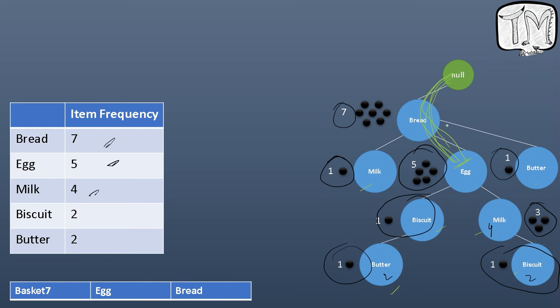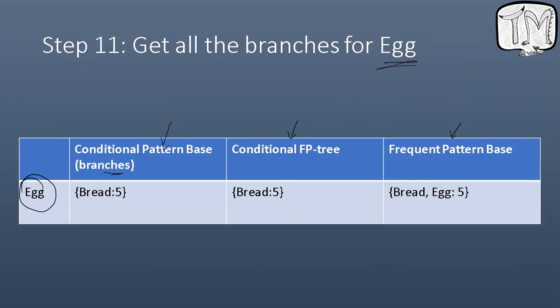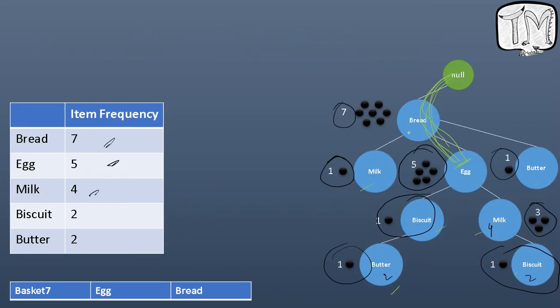And we are going to put there all the items which were on that path leading to egg. As you can see, we had only one item on this path to egg, and it was bread. And what was the frequency at this step of egg? 5.